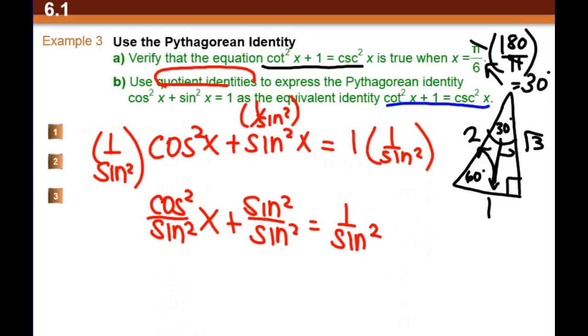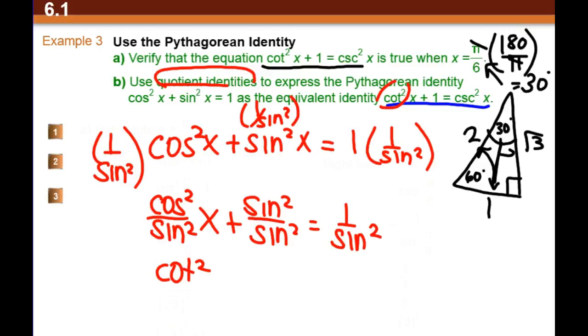Now we can simplify these, because cos squared over sine squared is the same thing as what? Cotangent squared, right? Because if cos over sine is cotangent, cos squared over sine squared is cotangent squared. We needed a cotangent squared, so we are good.